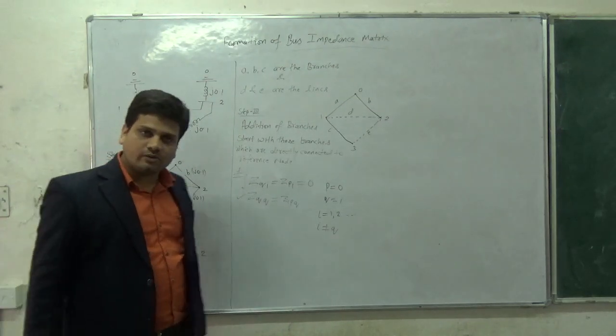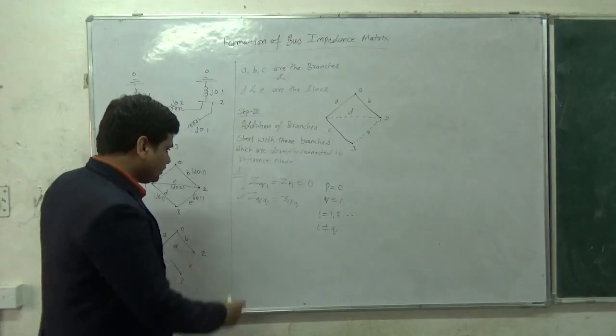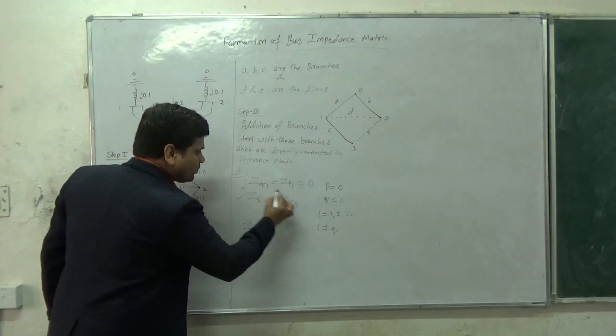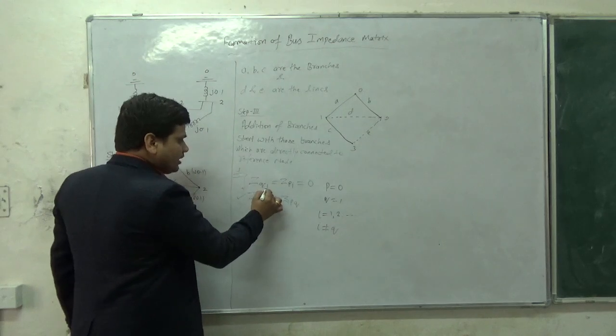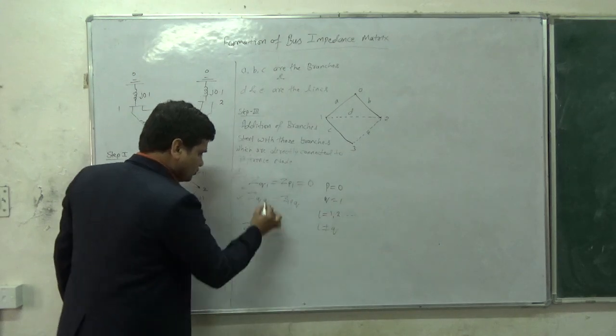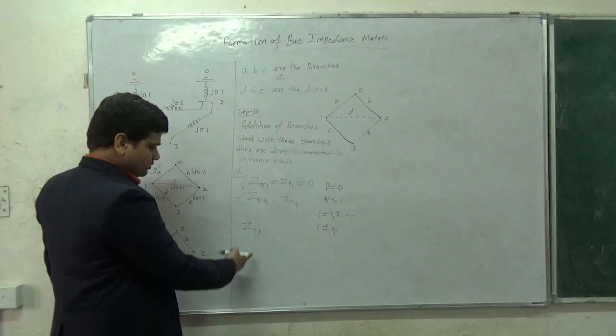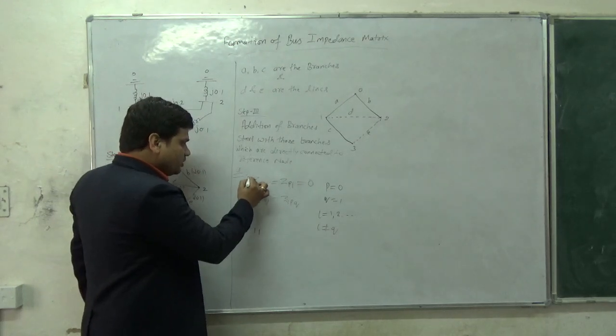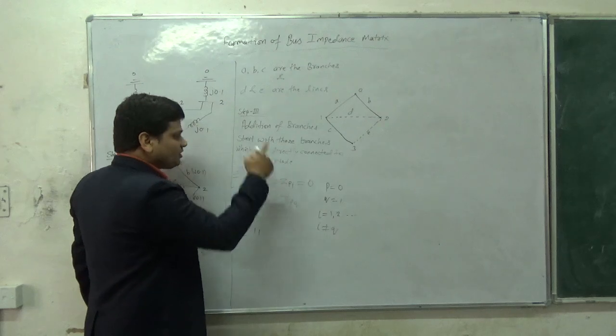Now let's start the calculation for this case. Formula number 1, Z_QI with Q equal to 1, and I from 1 to 2. Since I am putting 1, this becomes Z11, so there is no utility of this formula for this case.